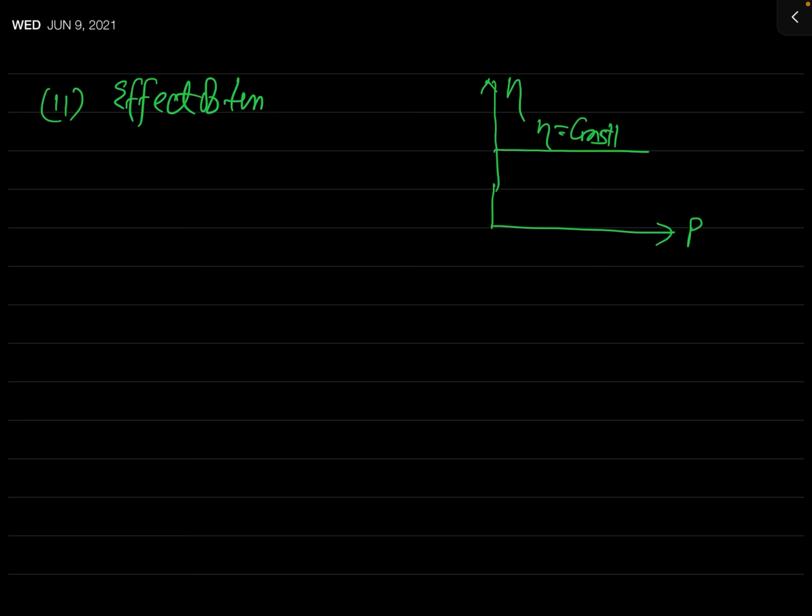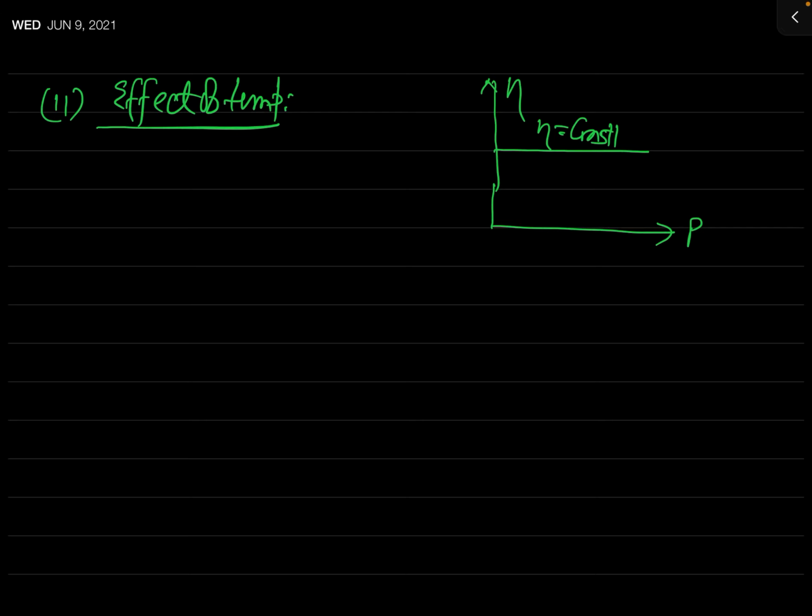Effect of temperature. Again, see how all those three quantities depend on temperature. You know the density of a gas decreases with temperature, but the mean free path increases with rise in temperature almost in the same ratio.